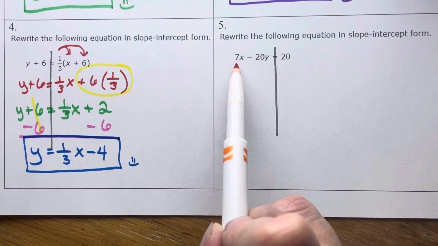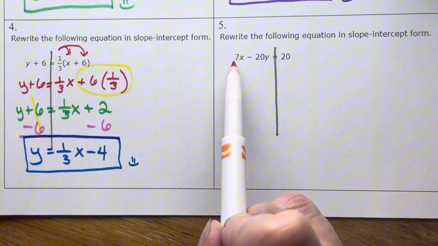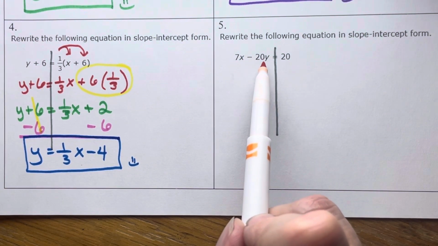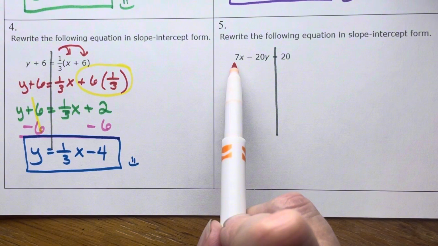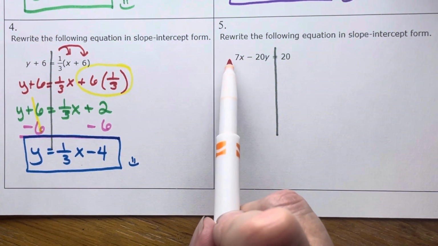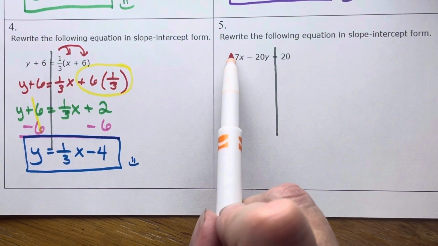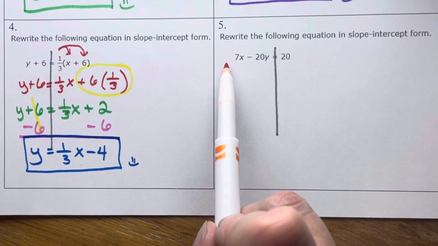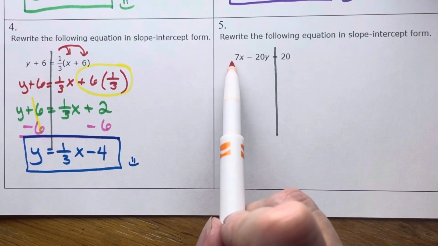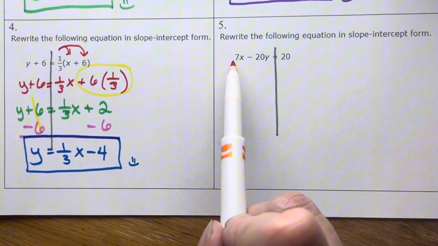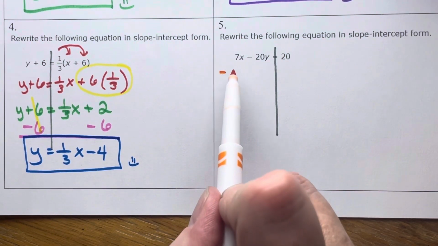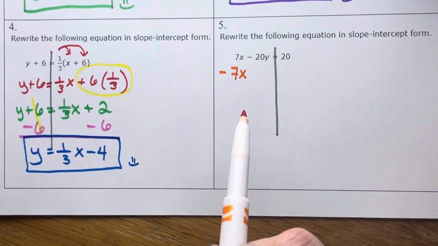We saw in the introduction that if you have multiple terms over here on the left, you need to subtract the non-y term, which would be the 7x, or add it, whichever you're going to do is the opposite of what's happening right now. This 7x is currently positive, so the opposite of a positive is a negative 7x.